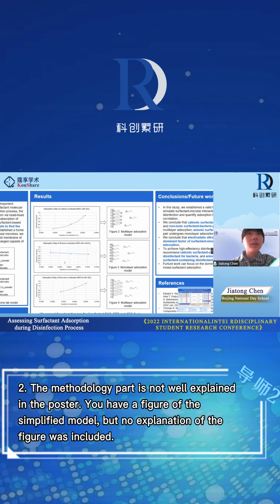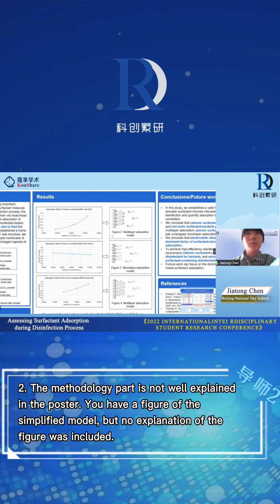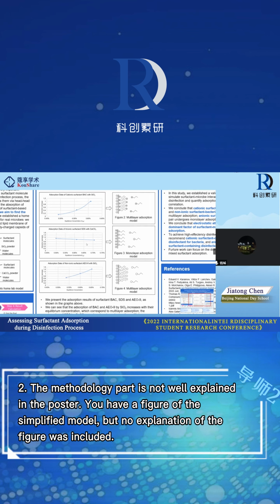The graph presented here shows the relationship between the adsorption and the equilibrium concentration, which is also the final concentration of the remaining solution in each sample. For the cationic surfactant with the silica powder, we can see that the adsorption increases as the equilibrium concentration increases, and that fits our multi-layer adsorption model.